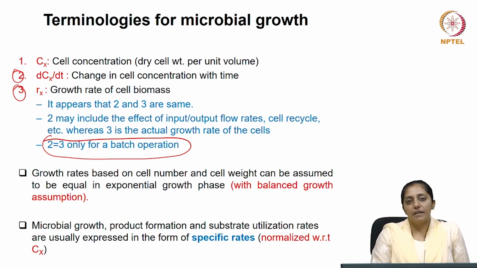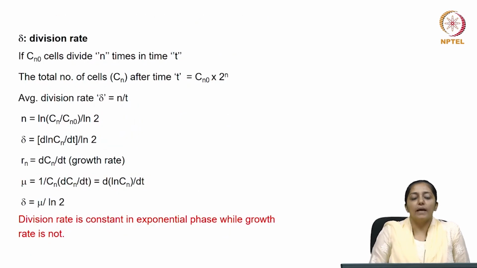When we say specific rates, here it means that we will be normalizing the rate of change of substrate or the product or the growth with respect to the cell concentration. Then it will be called as specific growth rate or specific substrate utilization rate or specific product formation rate.